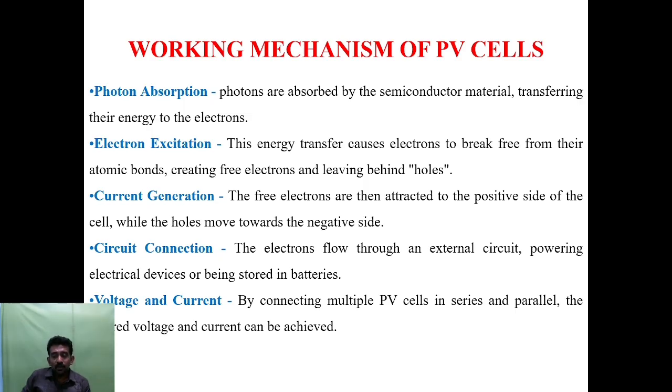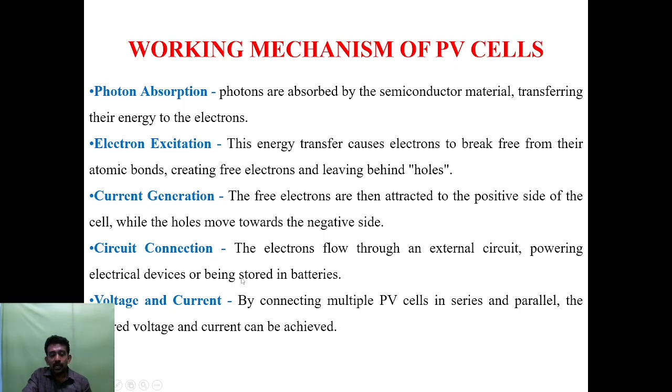So the electron that is gathered toward the positive side moves to the next side by means of the circuit connection, and when this circuit connection delivers electricity through a load, the load is powered, or this energy can be stored in the batteries.